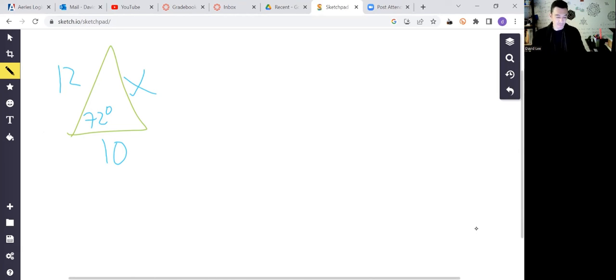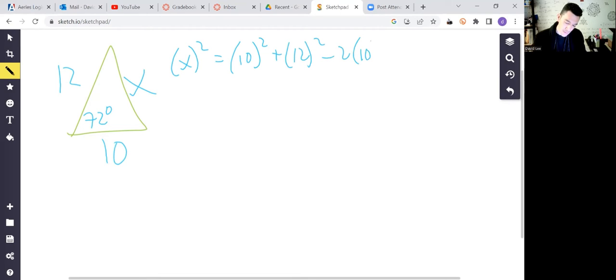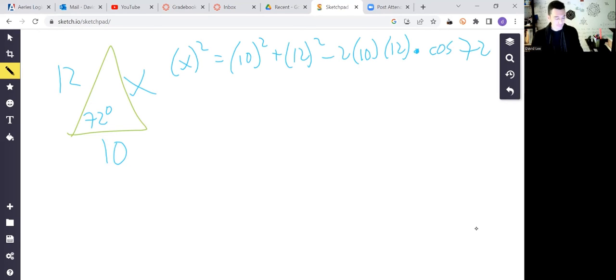So in this instance, if you arrange things carefully according to the law of cosines, here's what you should get. x squared equals 10 squared plus 12 squared minus 2 times 10 times 12 times the cosine of 72. And I like this situation because, while I type, I want you to look at the right-hand side of that equation.